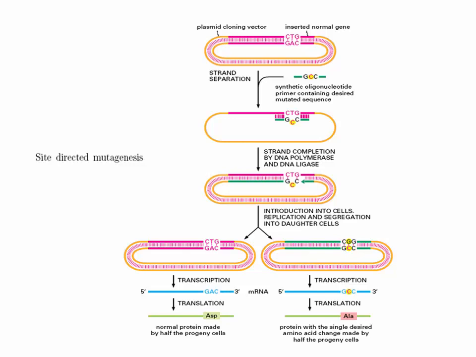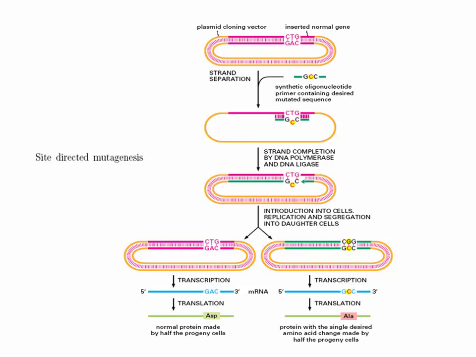So every time the cell divides, the plasmid DNA is getting replicated. On the left you have the correct sequence, so you have GAC when the messenger RNA is being transcribed from CTG, you're getting the correct one. But on this one, you're getting something else. GAC codes for the amino acid asparagine, whereas GCC codes for alanine.